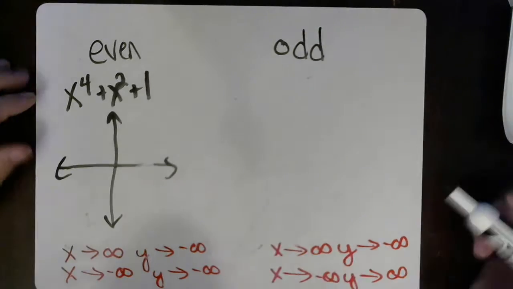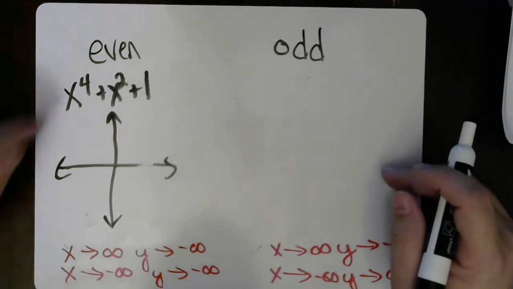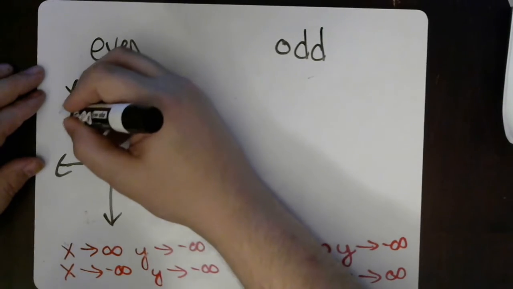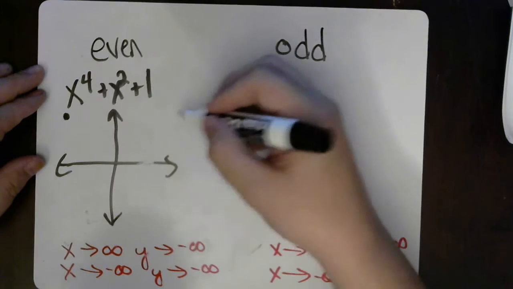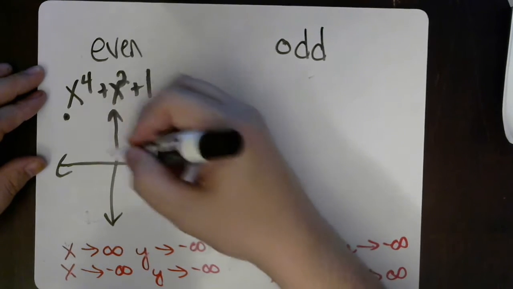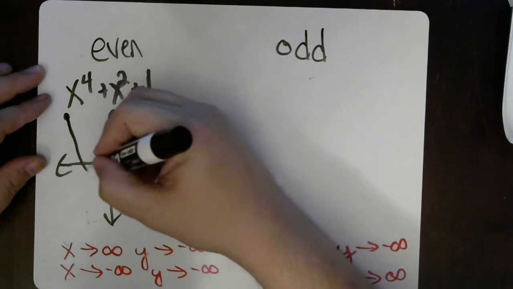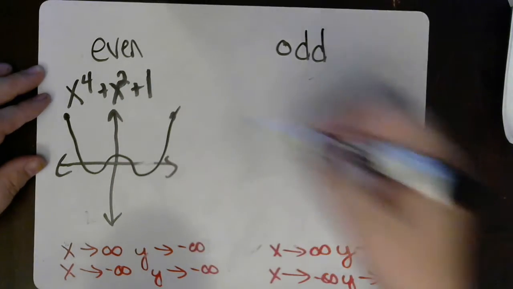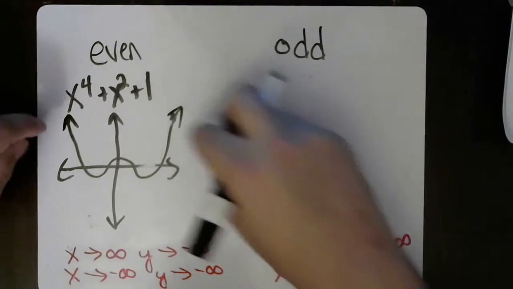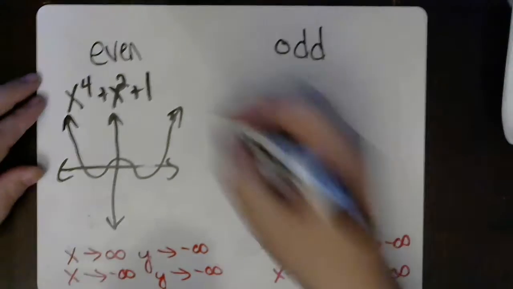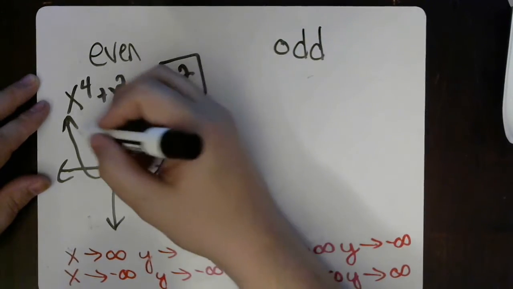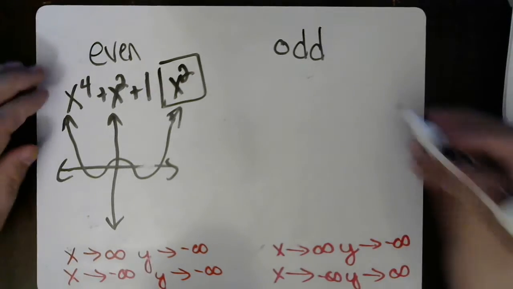But we can see that because it's positive, it has to go up here, and it has to go up here. So no matter where it starts, from the middle, it's going to look something like that, and we'll get to how we know that in a second. We know it goes up on both sides, just like our x squared example.